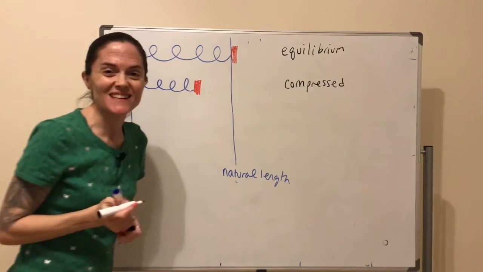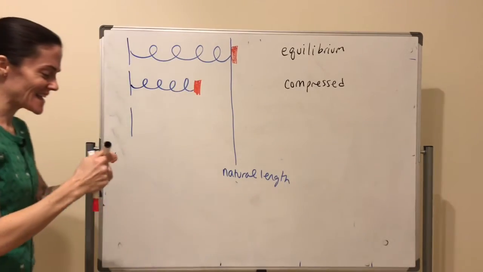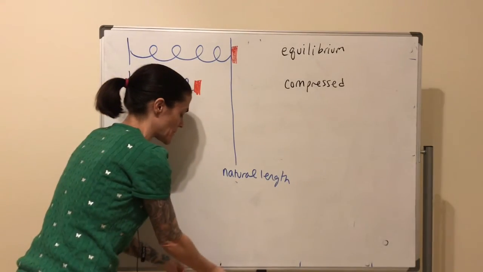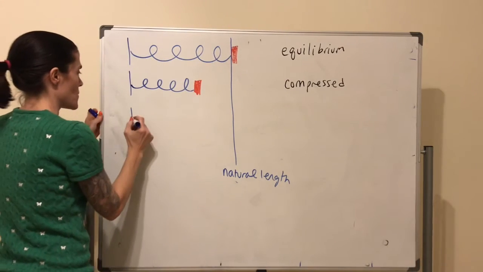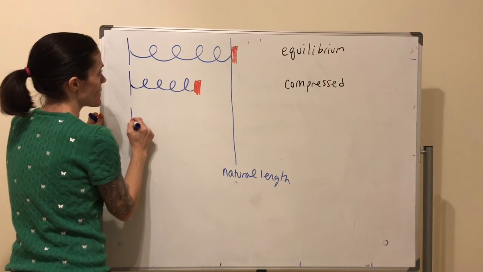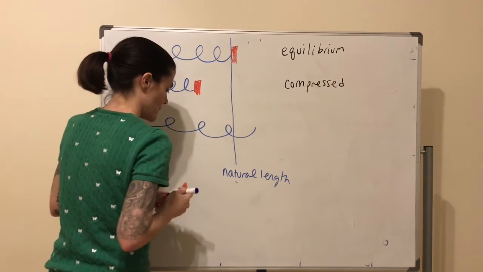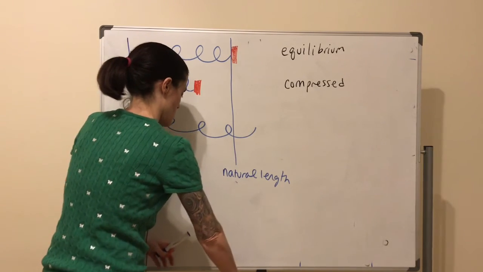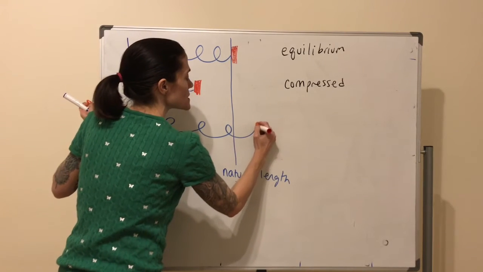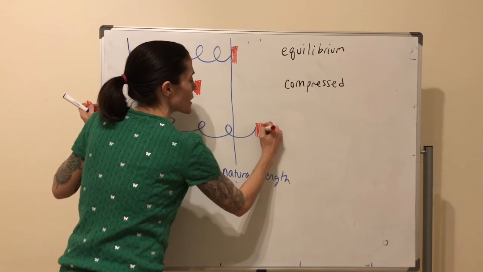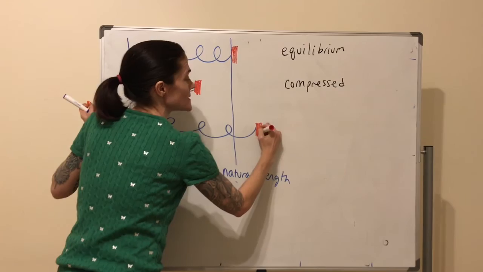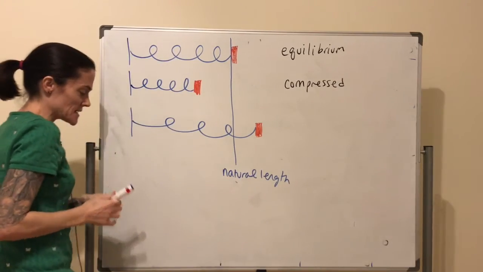And the other thing you can do with a spring is stretch it this way. So let me draw a picture of that, and then I will start labeling things, and then we will work some problems. So we have maybe 1, 2, 3, and here is whatever's at the end of the spring. Maybe it's a block of wood. And this is stretched.